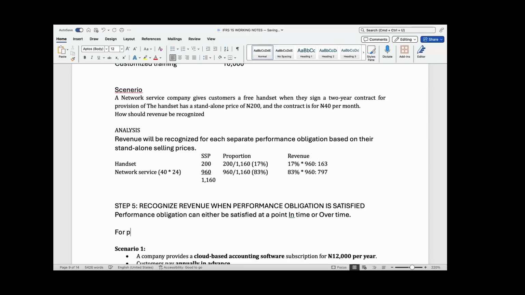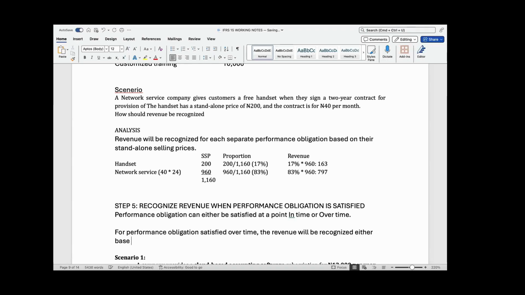So for a performance obligation satisfied over time, the revenue will be recognized either based on the cost incurred to date, or based on performance target or performance achieved.